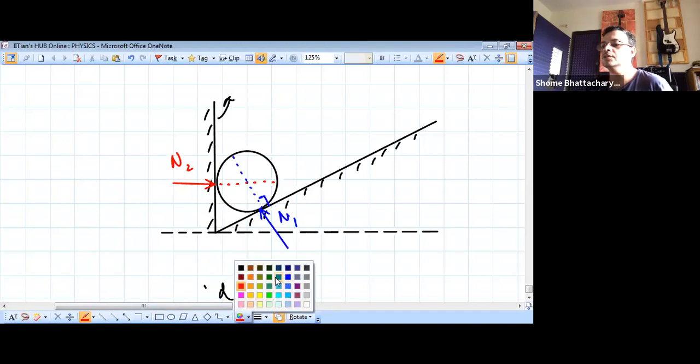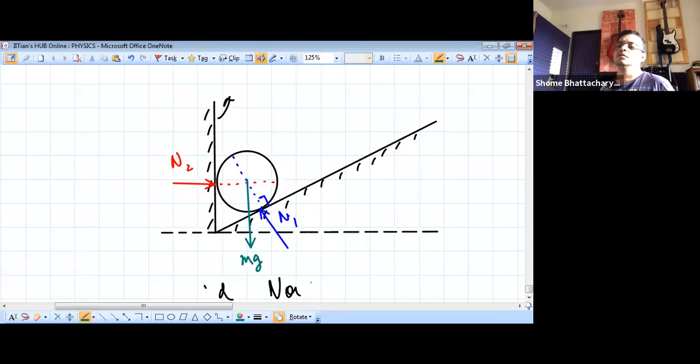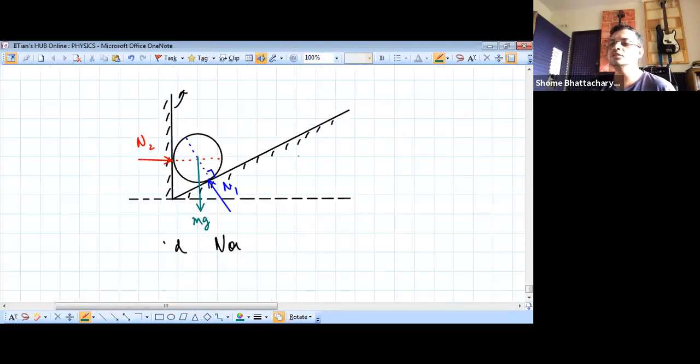Whereas the weight of the object is vertically downwards. So these are the three forces which are acting. Are you clear with this diagram, all of you? Three forces because they are smooth surfaces. So the total number of forces acting on the body are these three.